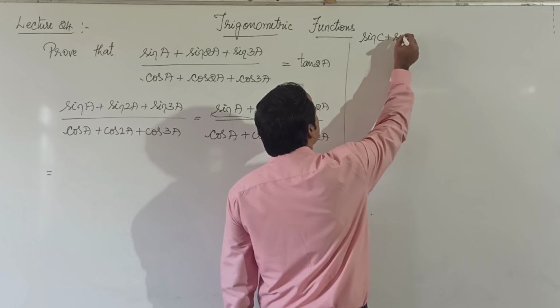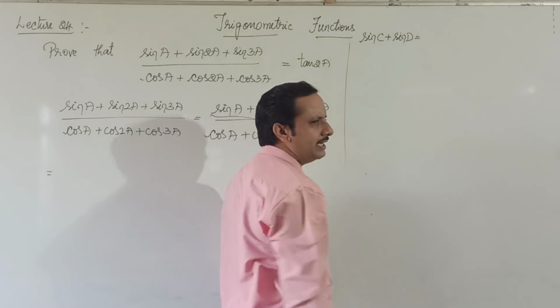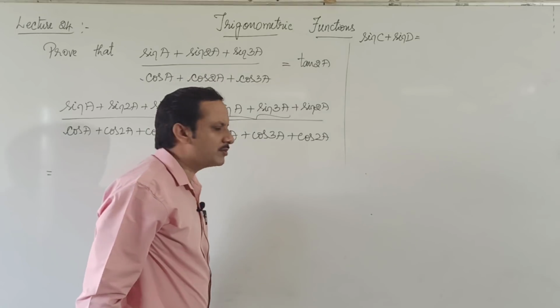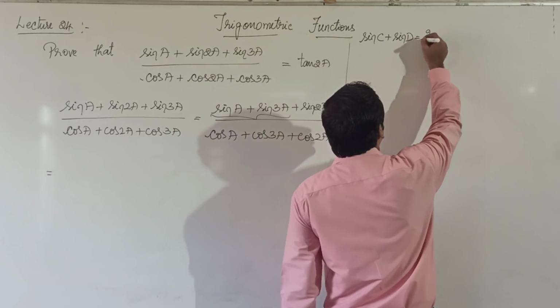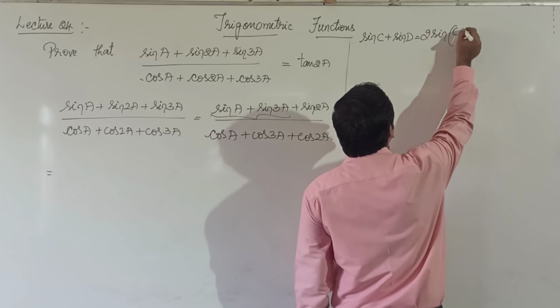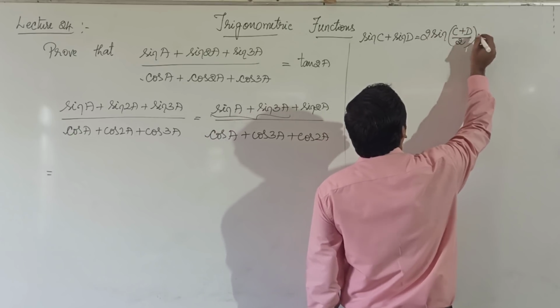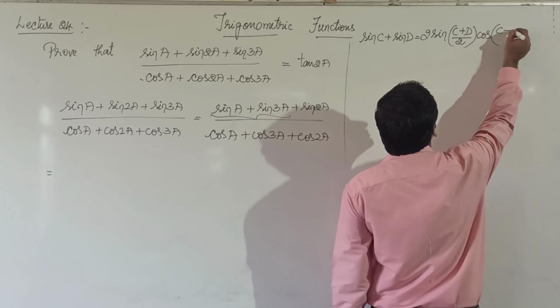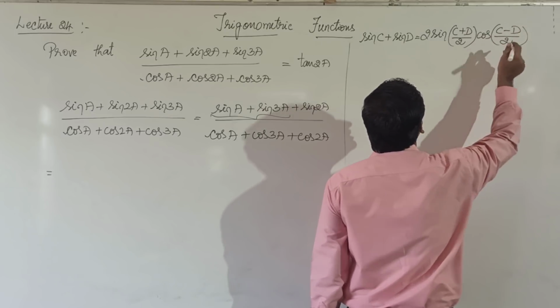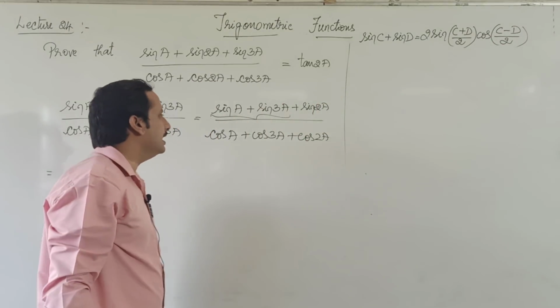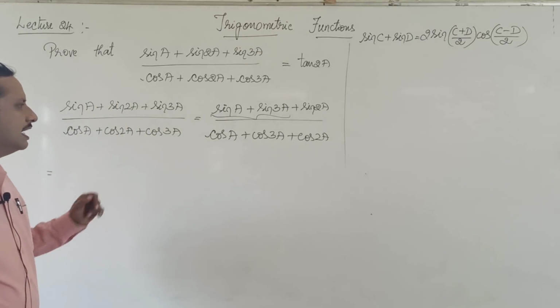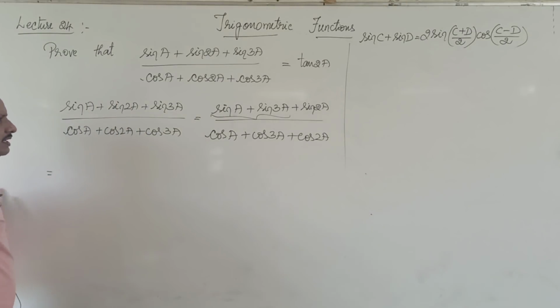What is sin C + sin D? Sin C + sin D is equal to 2 sin((C+D)/2) into cos((C-D)/2). Okay? 2 sin((C+D)/2) into cos((C-D)/2). That formula I will use. Then what happens here?